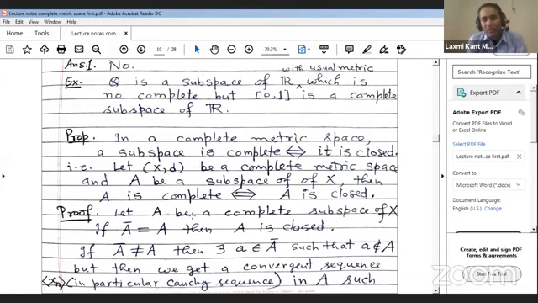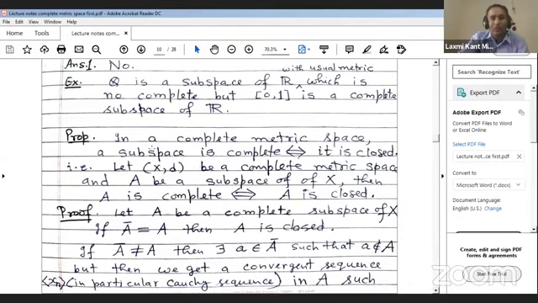If its closure is not equal to A, then we get at least an element in the closure of A which is not inside A. From our previous observation, we get a convergent sequence xn, in particular a Cauchy sequence in A, such that it converges to a.